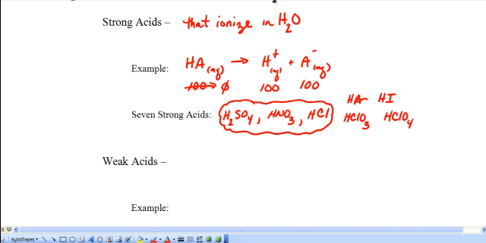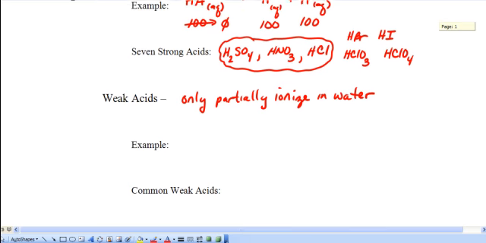If they are not one of those 7 strong acids where they fully ionize, they must be weak acids that only partially ionize in water. And so what do those look like?